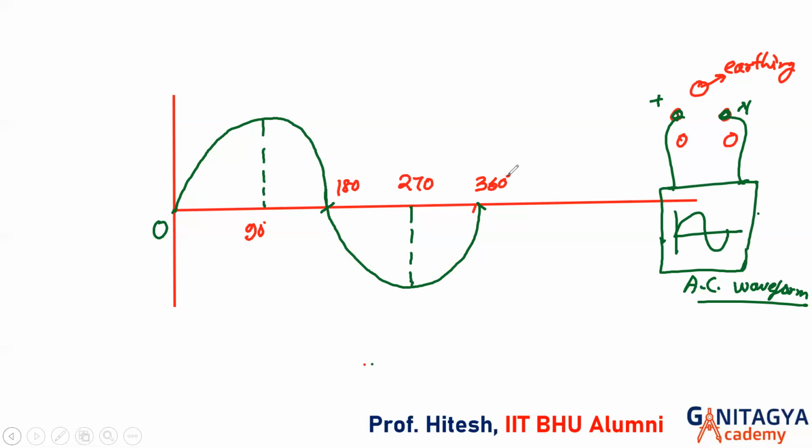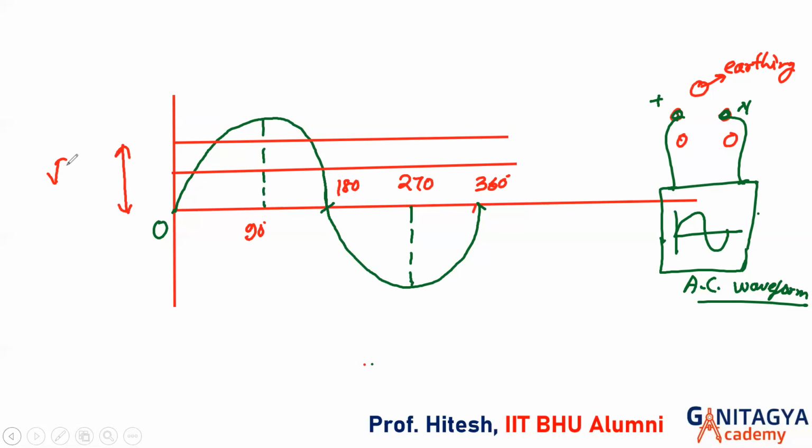ठीक है. यहाँ पर हमने 2 लाइन ड्रॉ कर दी. This is 1/2 line, and then root 3/2 line. Understood? So the value is यहां से लेकर यहां तक, that is root 3/2, and यहां से लेकर यहां तक the value is 1/2. ठीक है.